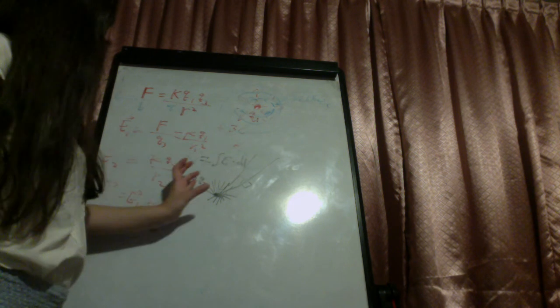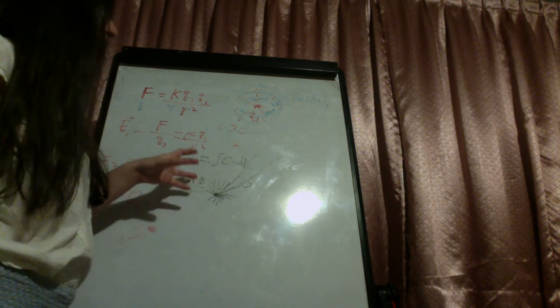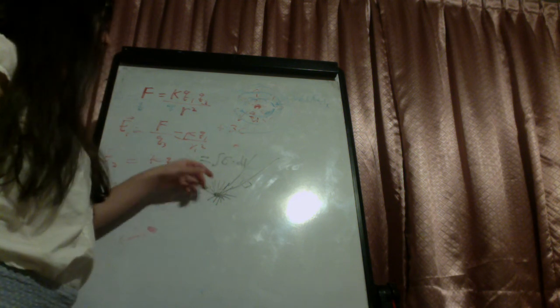So the magnitude of the electric field is drawn this way when we draw the electric field lines. As we get closer to the charge, we have a higher electric field, shown as the density of the electric field lines that are going out of the charge, or going in for a negative charge.